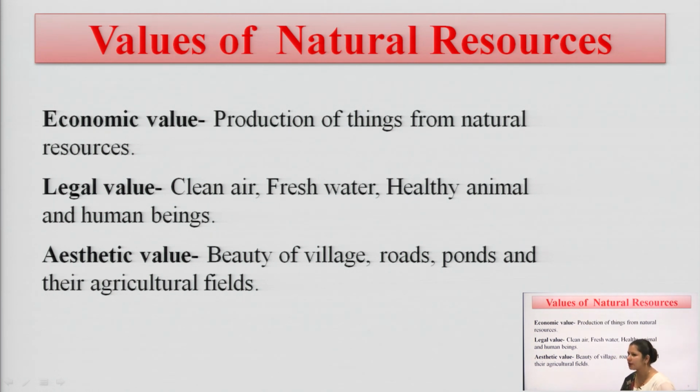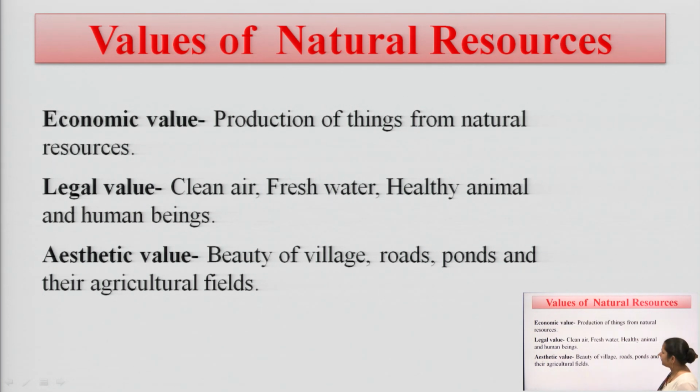After having knowledge about natural resources, we also have to see that there are three basic values of our natural resources. First is economic value, second is legal value, and third is aesthetic value. Economic value means the production of things from a natural resource. All the things which we produce from a natural resource are termed as economic value.